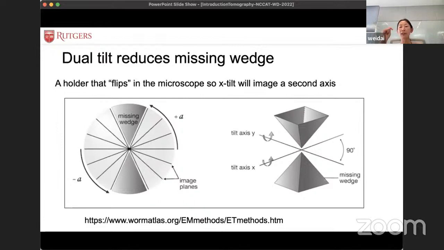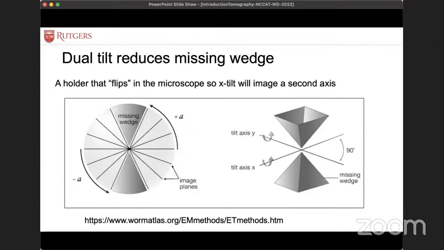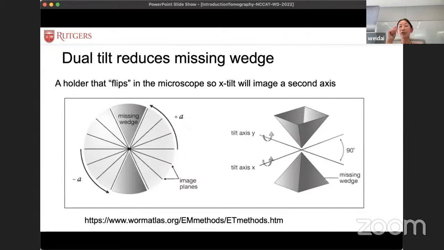That means each image only has half of the dose you can get from a single tilt series. So less contrast? Yeah, each image looks more blurry compared to single tilt, but you do have smaller missing information, a smaller gap.